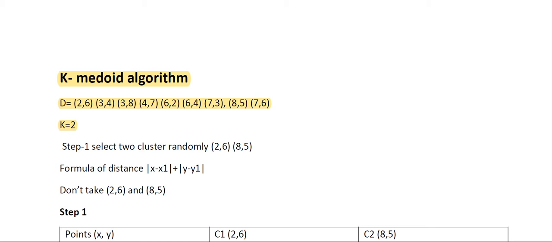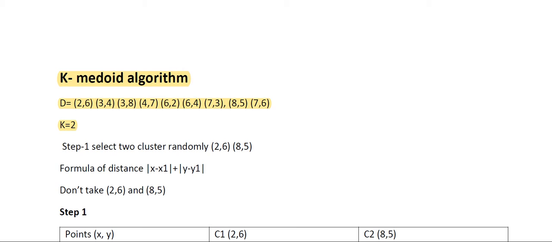I am creating two clusters, and our first step is to take any random points. Here I am taking 2,6 and 8,5. These two points I have taken to find whether my two clusters are good or not.